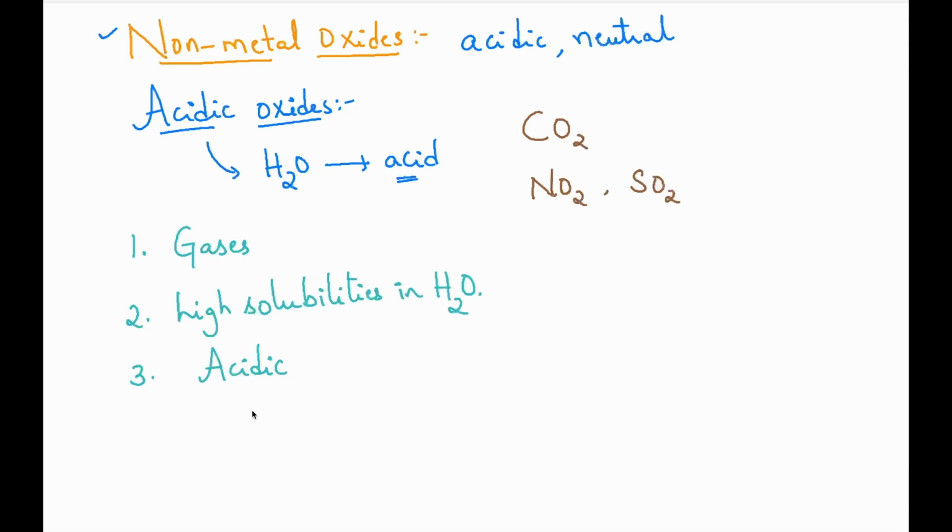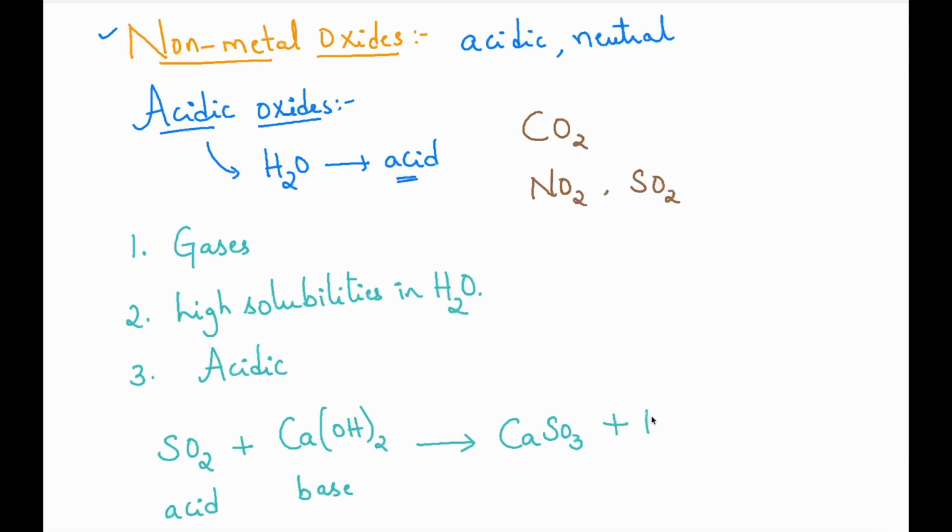As an example, let's study the reaction of sulfur dioxide. Because it's acting as an acid, it will combine with a base, let's say calcium hydroxide, and it forms a salt and water.